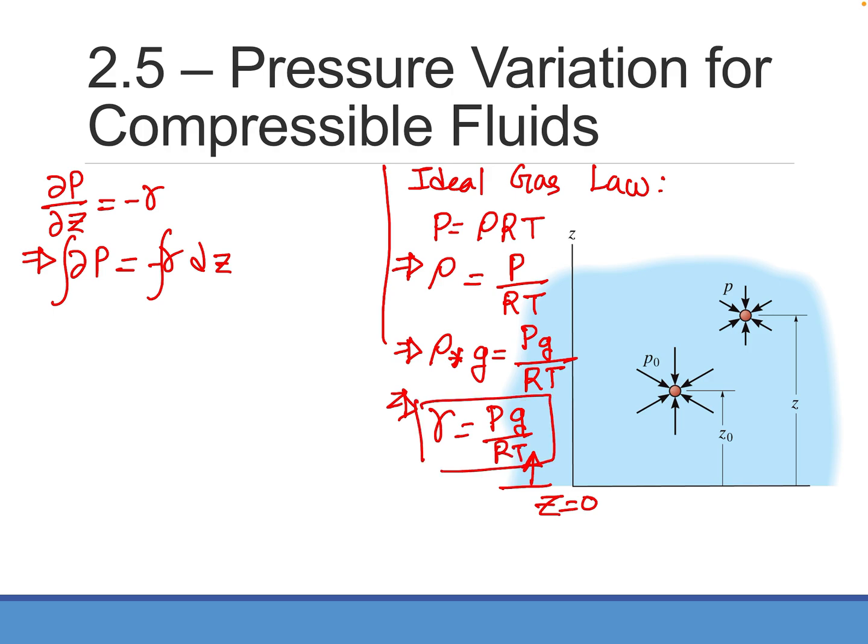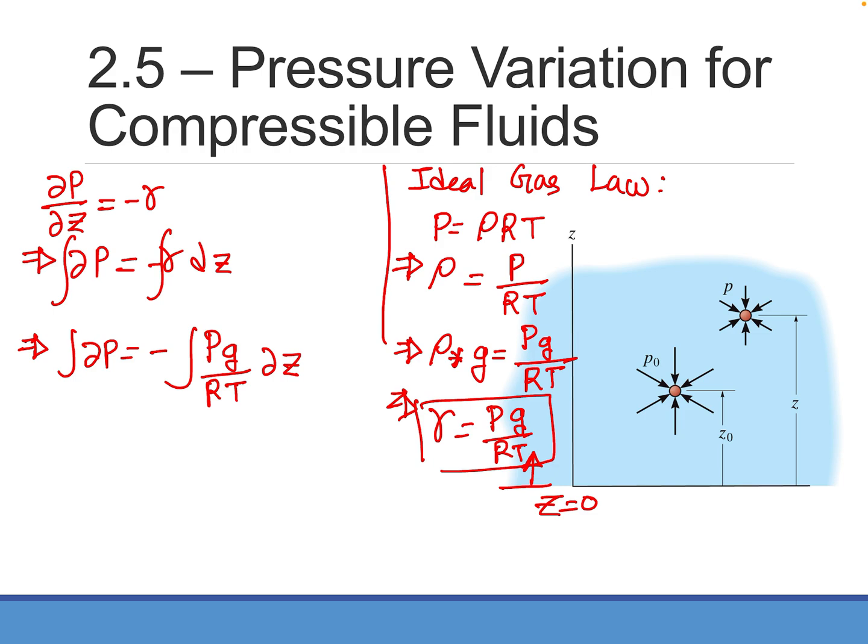So that's what we can use here: dP equals negative P g over R T dz. Now if the situation is such that the temperature is constant, then we can say T is constant, the isothermal condition.